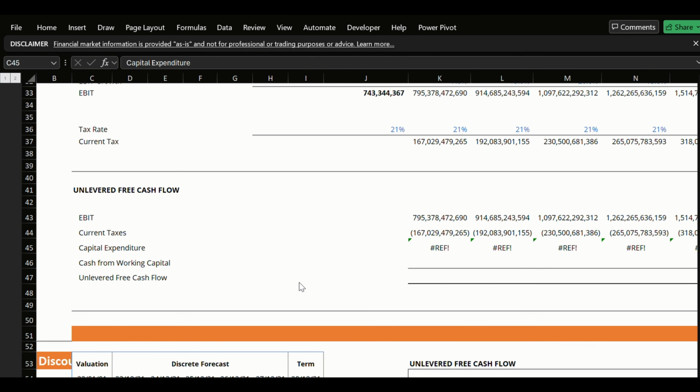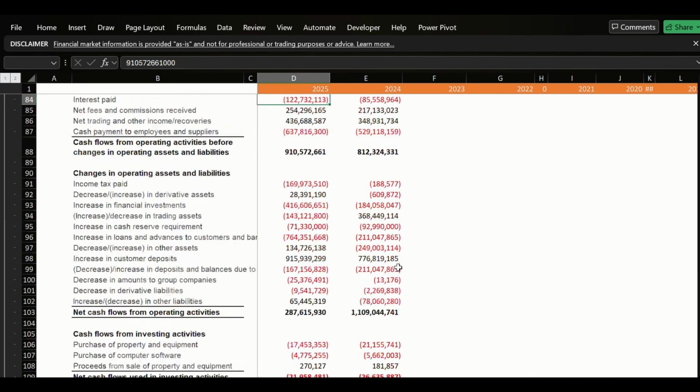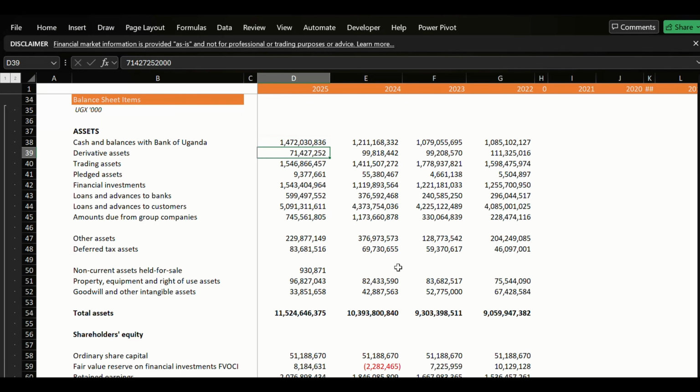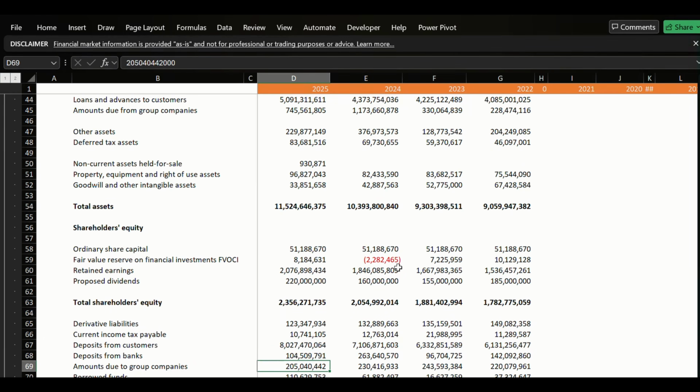This is where the reality kicks in for financial statements, but not for banks. I could get the capital expenditures, but I couldn't get the cash from working capital. As you can see, it's going to take me a while to read all this and find it. That's why I necessarily get the deferred tax assets, the cash from.